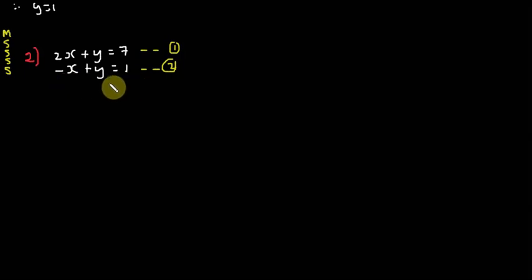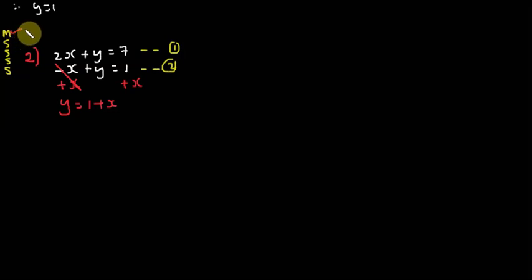So if I add x to both sides, plus x plus x. So here we have y, well, this here would cancel. This will result in 0. y is equal to 1 plus x. Boom, bang.